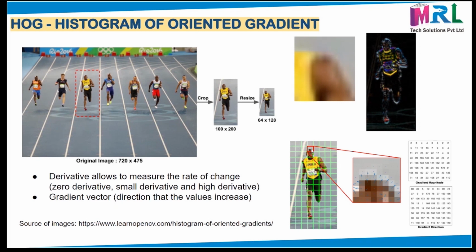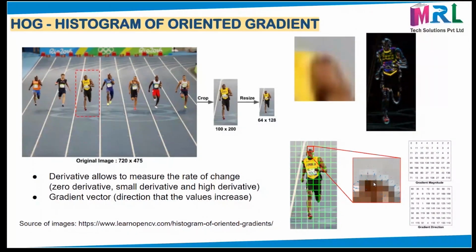If you look above the head, there are some pixels: 1 pixel, 2 pixel, 3 pixel, 4. The variation between these pixels is less. But when you come to the top of the head, the variation between this point and this point is high.